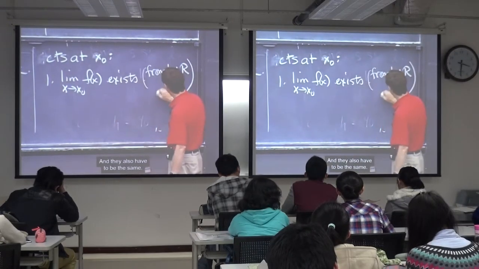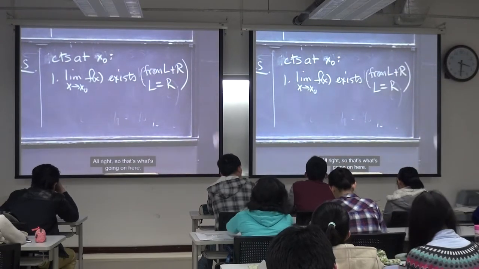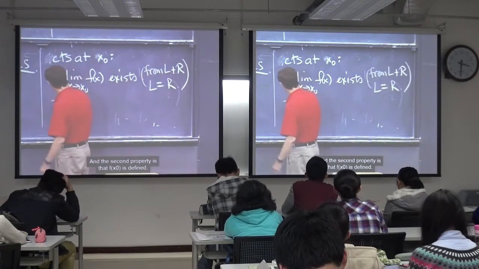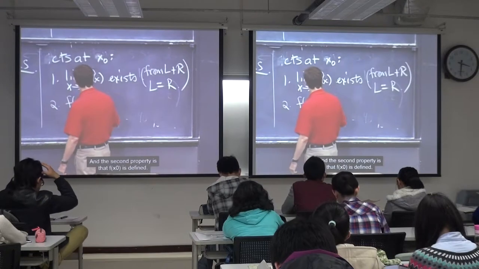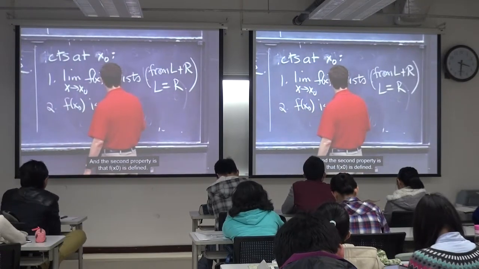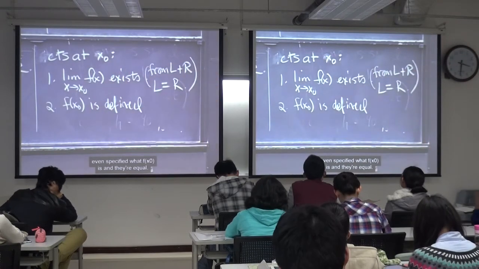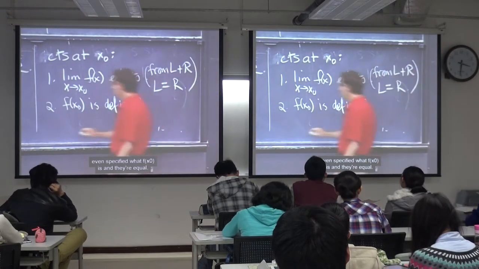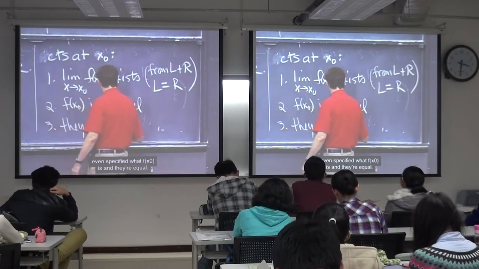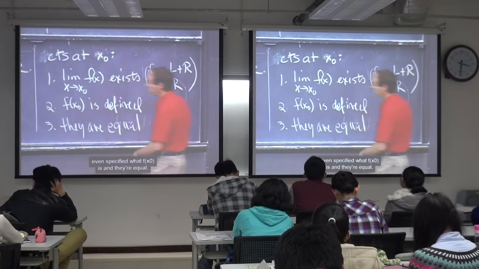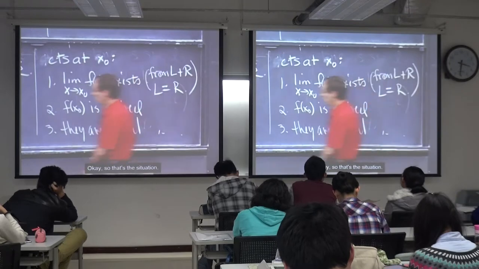And they also have to be the same. And the second property is that f of x0 is defined. So I can't be in a situation where I haven't even specified what f of x0 is, and they're equal. Okay? So that's the situation.